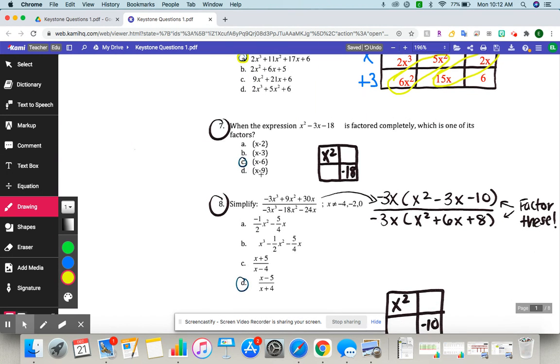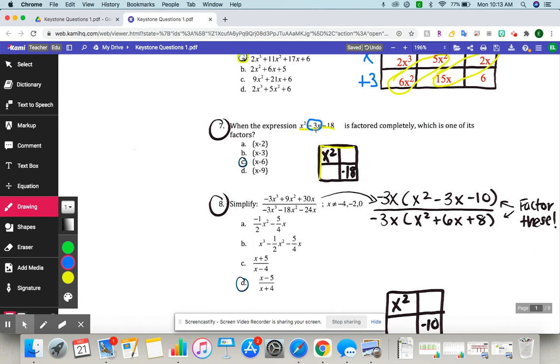In number 7, we are factoring this trinomial. So remember, that means we're starting with the area, and we have to find the side lengths of the rectangle. As we've talked about before, the first and the last term have to be diagonal since they do not share a factor of x. We also know that the remaining 2 boxes would have to add to negative 3x.